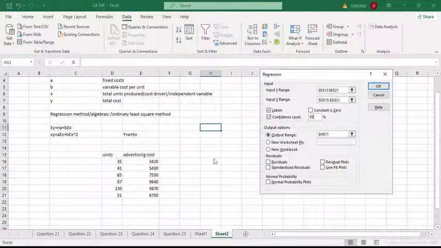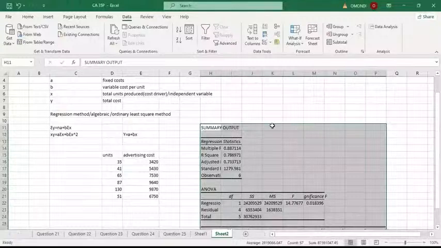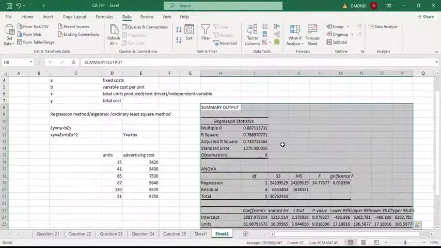I want mine to be in this same worksheet. So I come here and put output range. Do I want it to start from this point, or from down somewhere there? It is up to you to decide. So let me make mine to be at this point. Then I say, okay, that is what I have now generated.